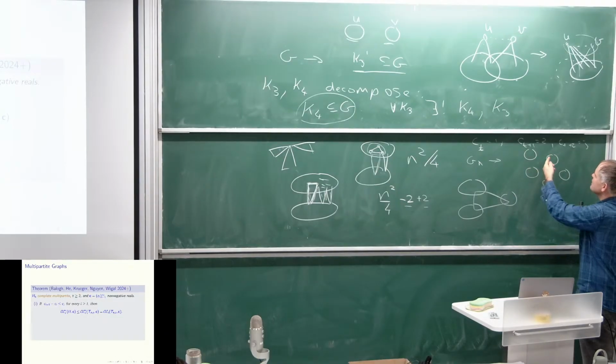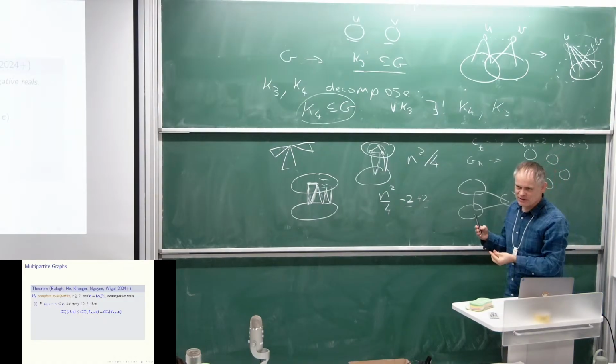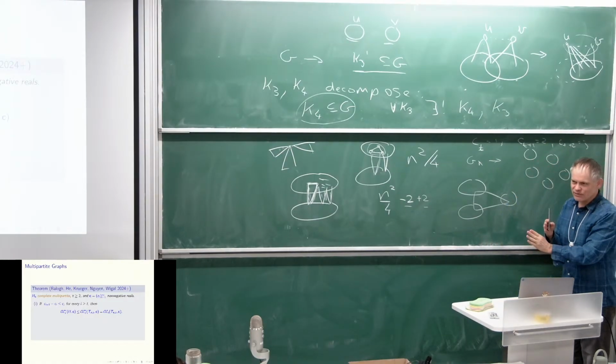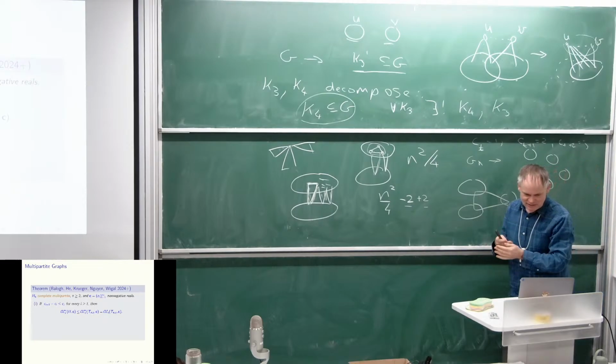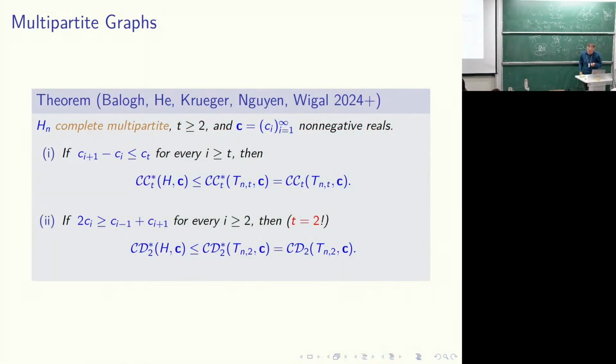If instead of 2 he would put 2 plus epsilon, 3 plus 2 epsilon, then the methods would not work. So it's interesting that it's coming out to exactly that point.